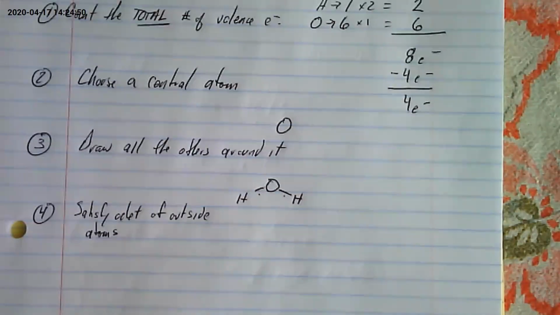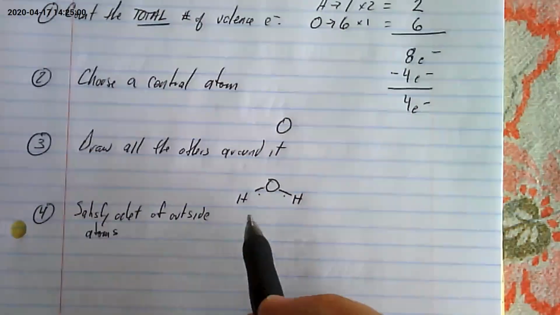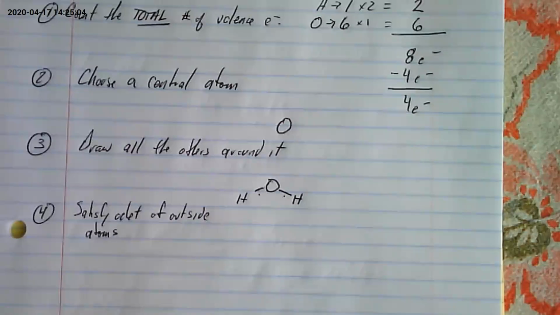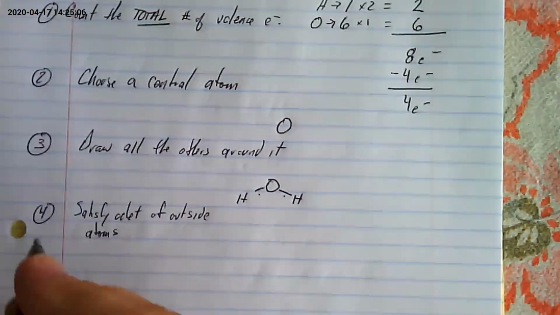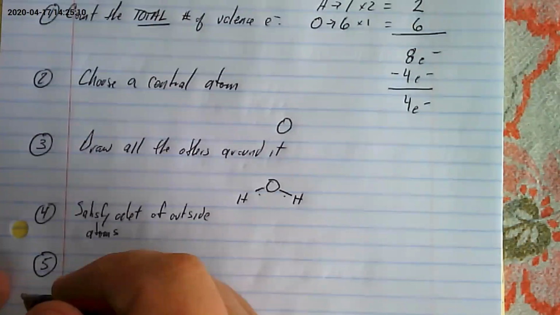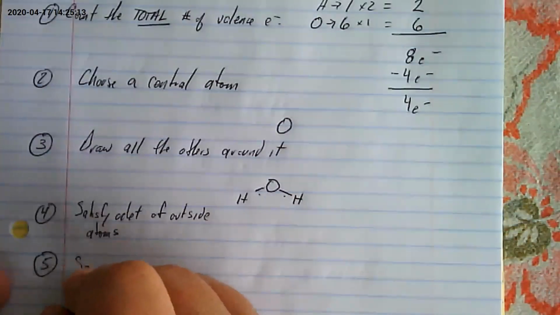Step 4 is to satisfy the octet of outside atoms. Now, remember that all atoms want to have 8 valence electrons, but there are 2 exceptions to that, hydrogen and helium.